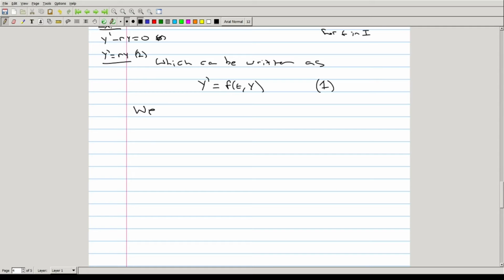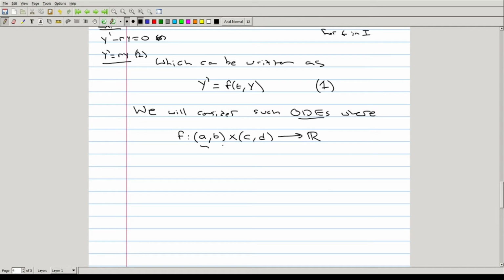So for the theory side in our book, we will consider such ODEs, where f is a function from some interval in t, a comma b, and y can range from c to d, and it's a multivariable function.